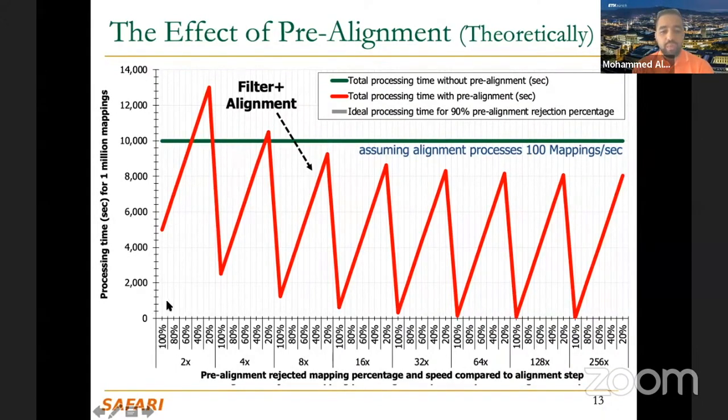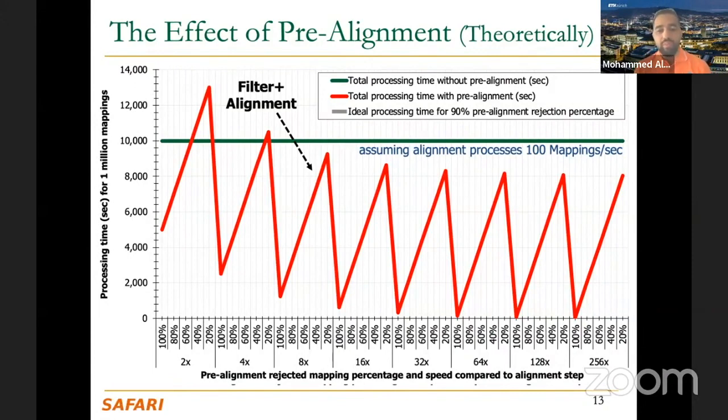Now, as we reduce the rejection rate, the filtering time starts to dominate, even becoming slower than sequence alignment alone. So if we reject only 20% of the pairs at the peak, and 80% of the pairs go to the alignment, what will be the total execution time?